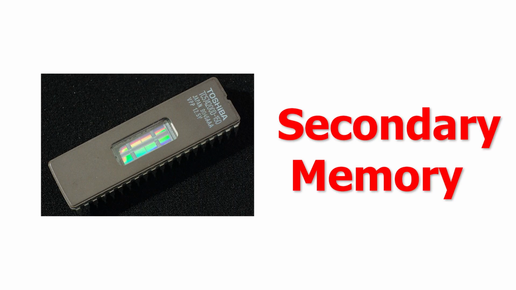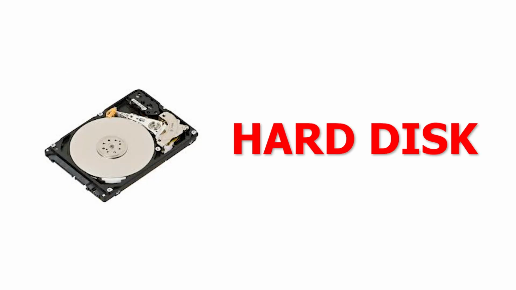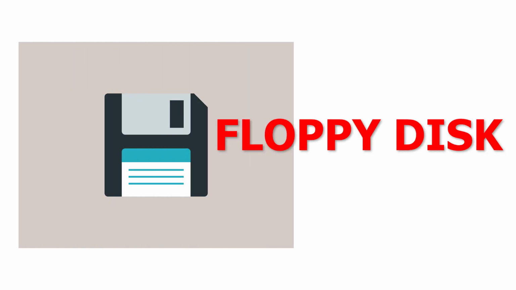In addition to main memory, there are some auxiliary or secondary memories which are used for massive storage of data, and they can be seen as hard disks. You can store terabytes of data. Earlier the floppy disk was used, but now it is outdated and not available at all.